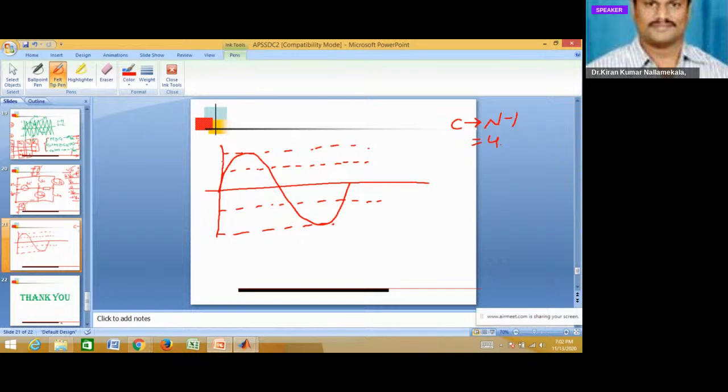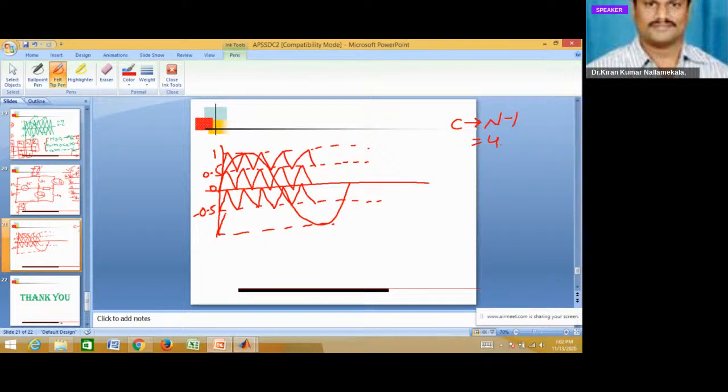So the sine wave is varying from 1 to minus 1 only. The first carrier wave is varying from 0.5 to 1, and the second carrier wave is varying from 0 to 0.5. Similarly, the next carrier wave is varying from minus 0.5 to 0.